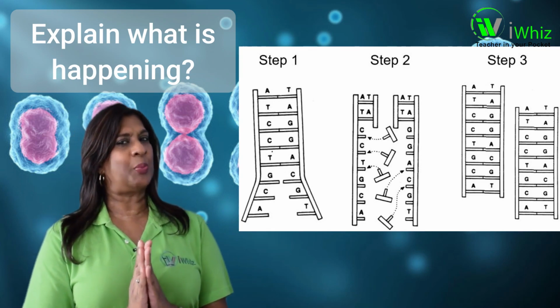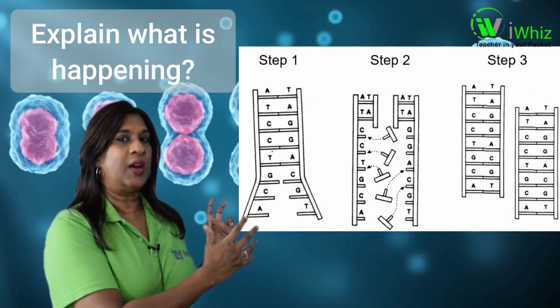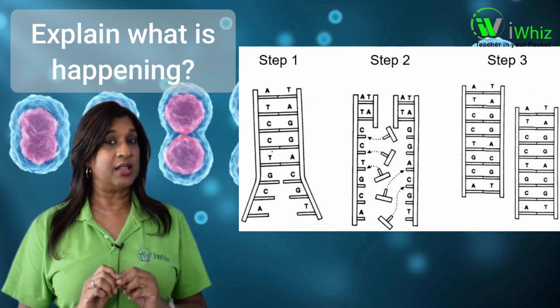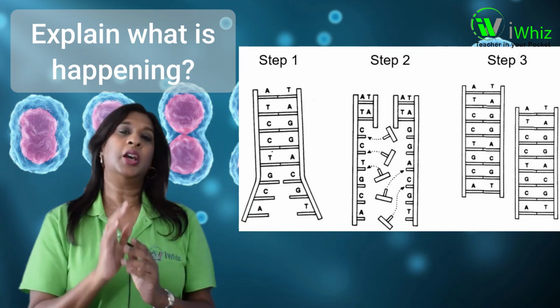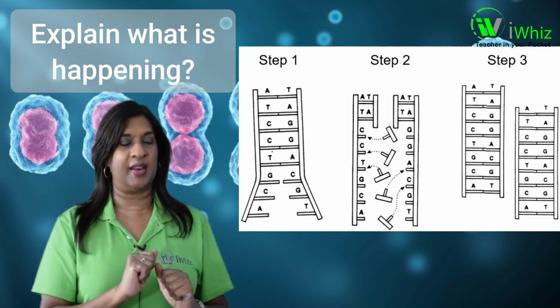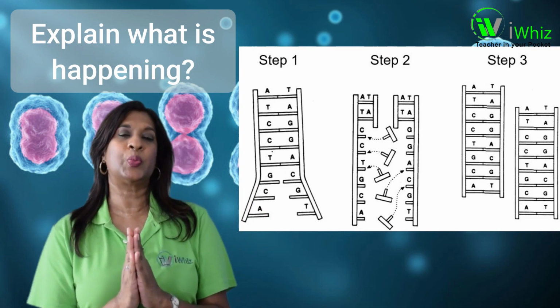Let's look at what's happening in step 2 and look carefully. Right. You can see some distinct DNA strands. Right. You can see portions that are double-stranded. And what you can also see floating around are nucleotides. Right, so let's explain what's happening in step 2.